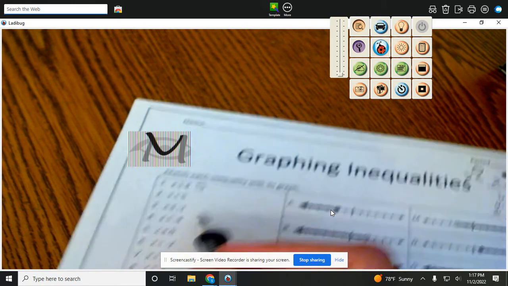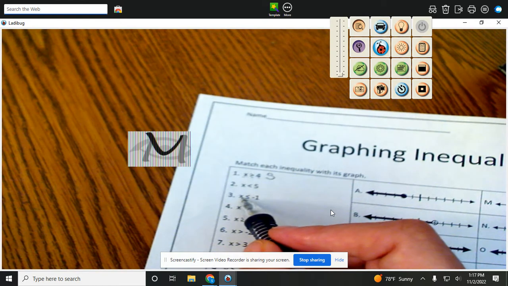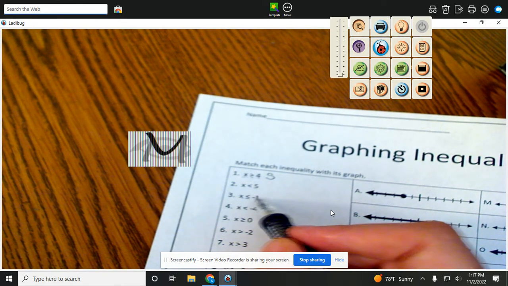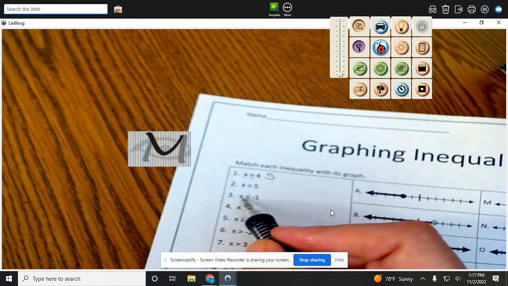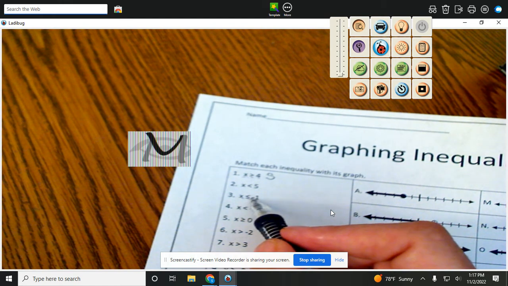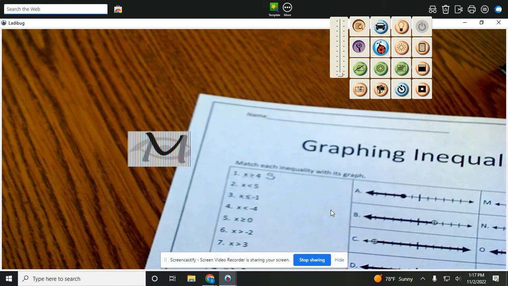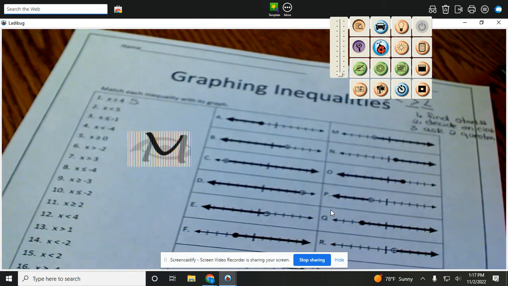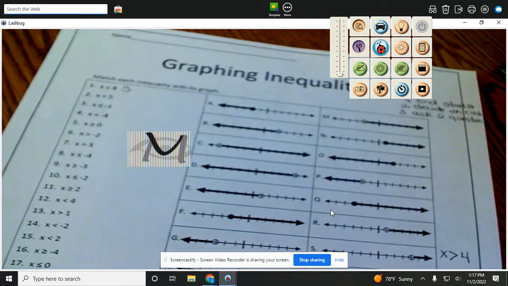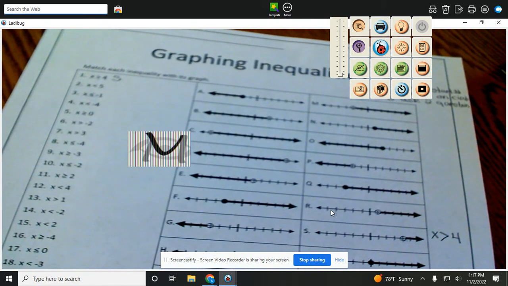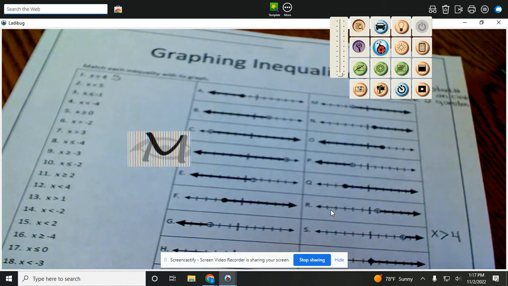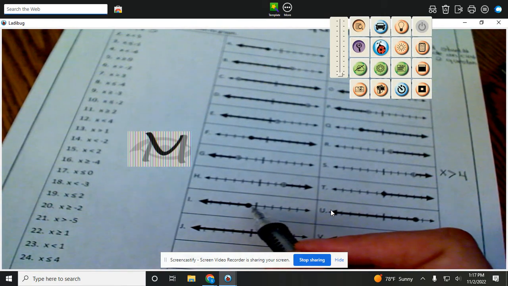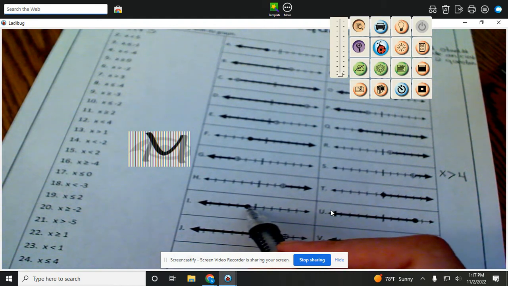Let's go ahead and look at 3. x is less than or equal to negative 1. Let's start off by making sure that we start off with a negative 1. I'm not sure if I is the right one or not, but we started off at negative 1 right here.